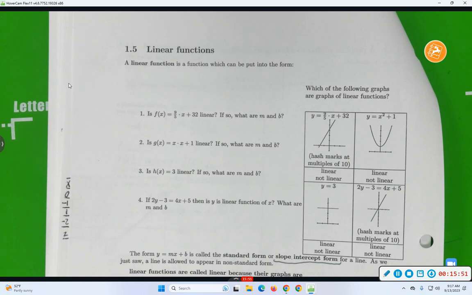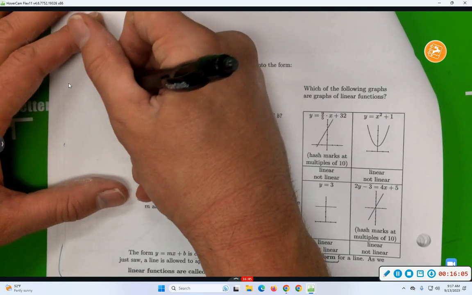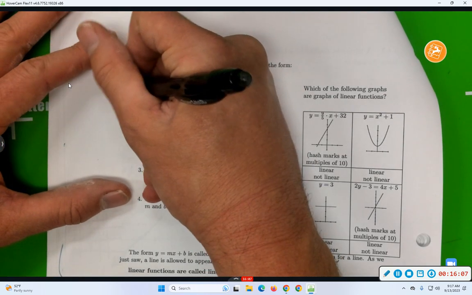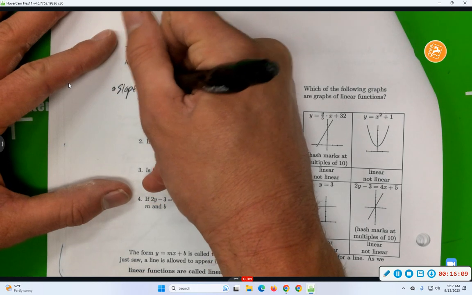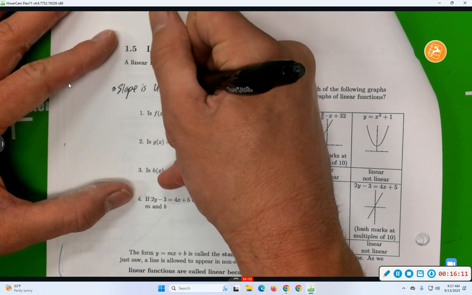I have an idea of what I want to write, but whatever you say, if the word linear is a reasonable logical thing, it should be what comes to mind. Yeah. The rate of change is all slope. Slope is unchanging.